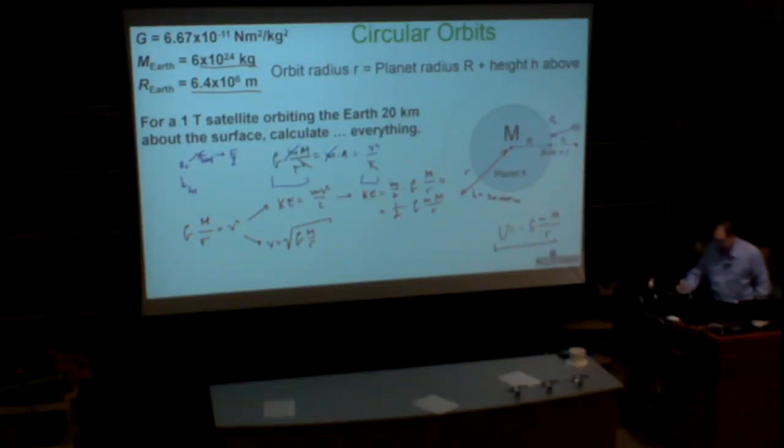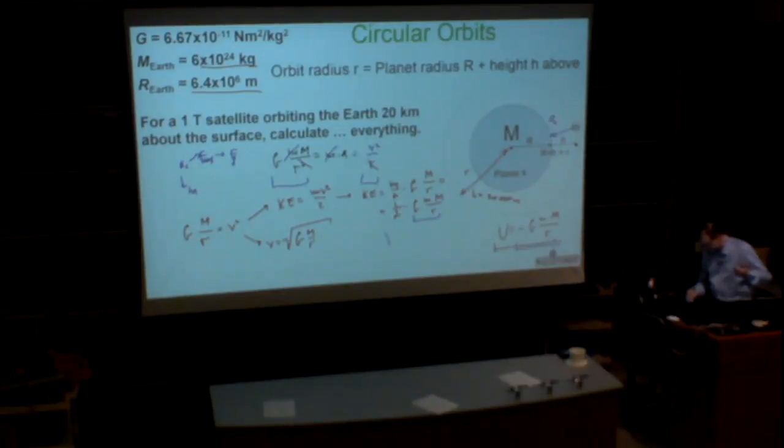If we compare this expression and this expression, it turns out the kinetic energy of the satellite and the potential energy of the interaction between the satellite and the planet are related.